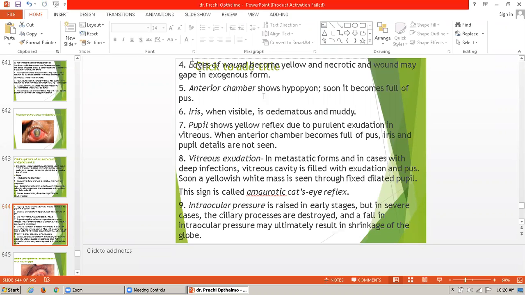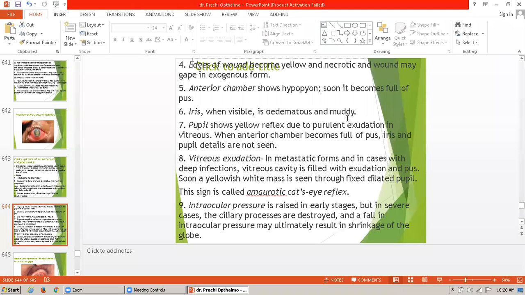Fifth, the anterior chamber shows hypopyon. Soon it becomes full of pus. The iris, when visible, is edematous and muddy.